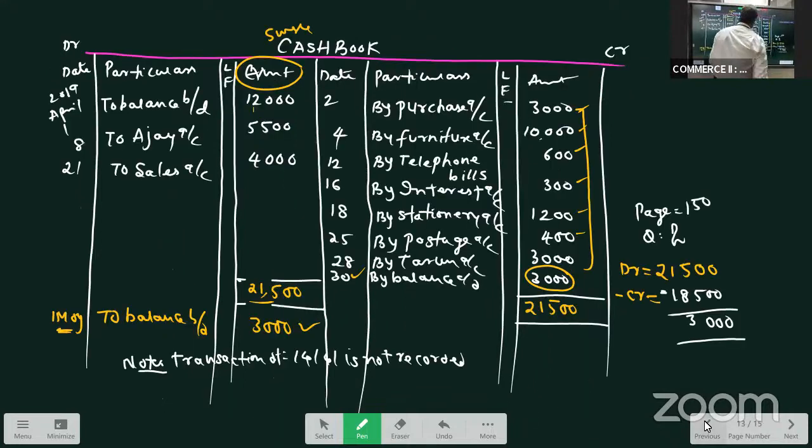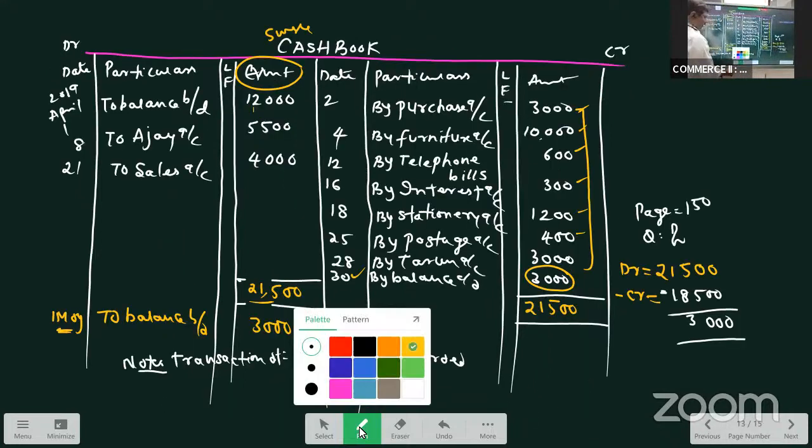In the last two problems, what I have solved here, did you see any transaction appearing on both the debit side and credit side? Answer is no. There is no transaction which I have recorded both on the debit side and credit side. It doesn't happen like that.